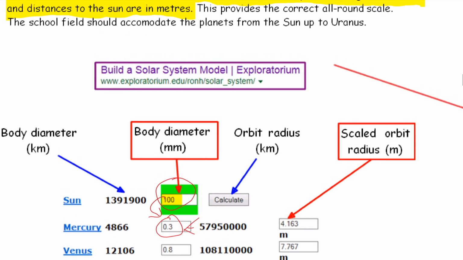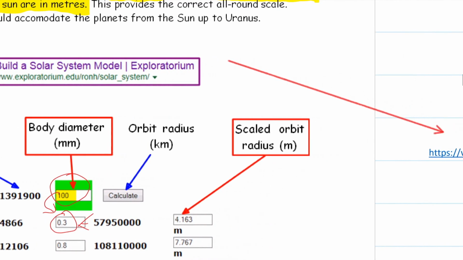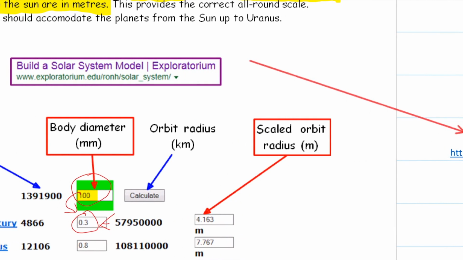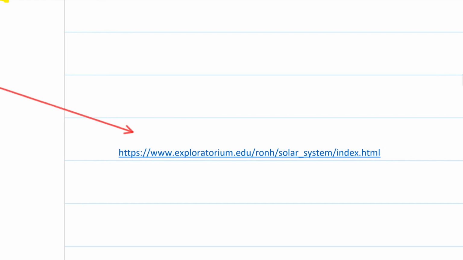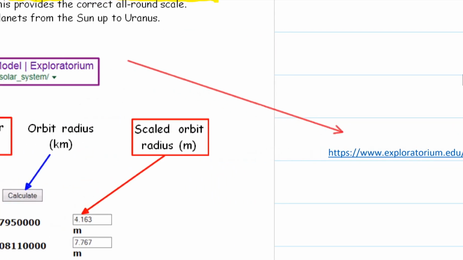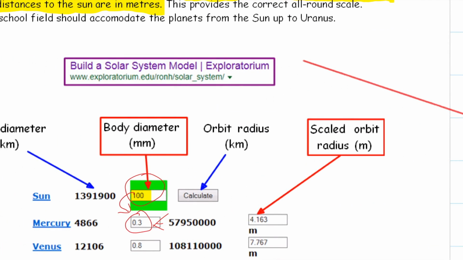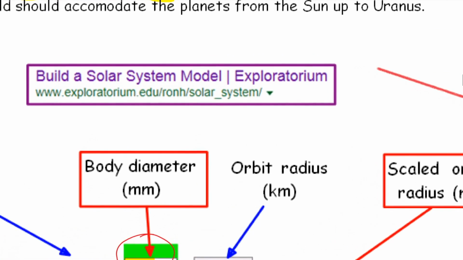There's a little arrow here, and I'm going to click on that link in a moment. But all you'd need to put into Google would be exploratorium.edu. You can see the word in there underneath, but I think if you just Googled exploratorium.edu, it'll take you there.